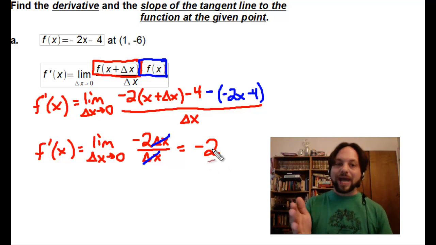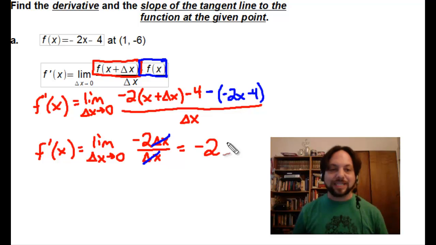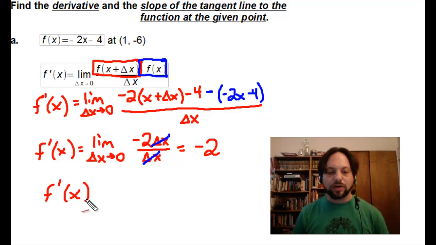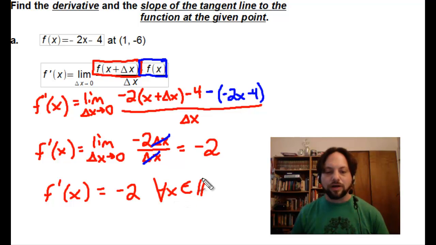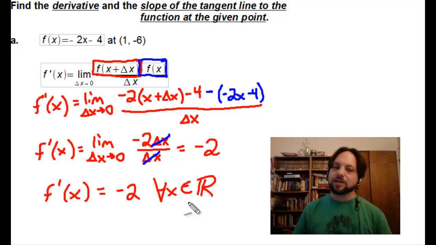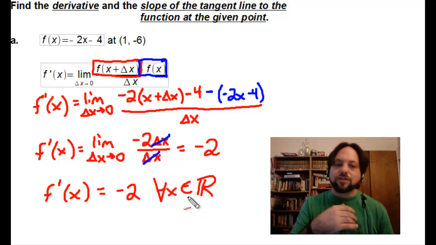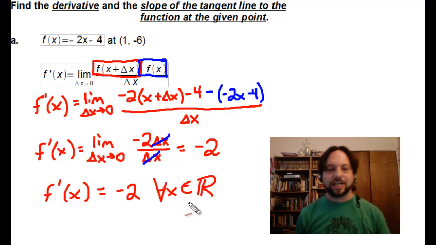Interesting. There's no x. It doesn't matter what x is, the derivative of this function is going to be negative 2. Or, if I want to write it a little bit clearer, I'll write that the derivative equals negative 2 for all values of x that are members of the real number set. Stated in English, for all values of x, the derivative is negative 2.